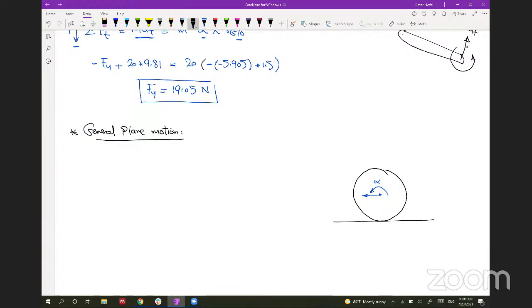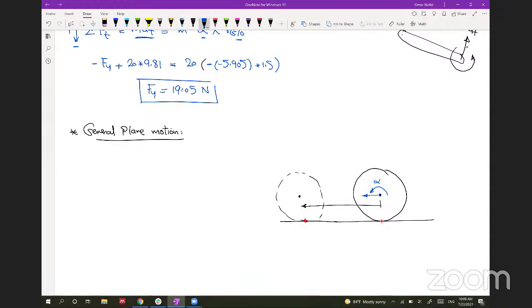At some point, this wheel will be here. The center of mass moved from here to here and also keeps rotating. So this is general plane motion. And as we know, this is an instantaneous center of zero velocity.